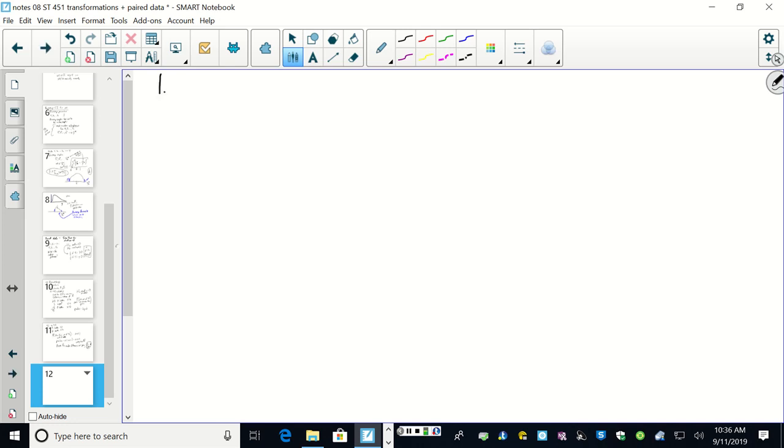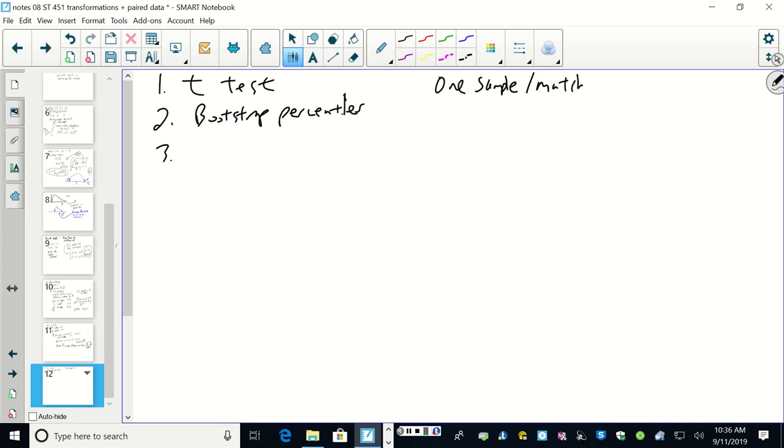So our first alternative, we did a t-test, right? You could do things with bootstrap percentiles to look at this, with one sample or matched pairs. Or you can do the sign test for a median.